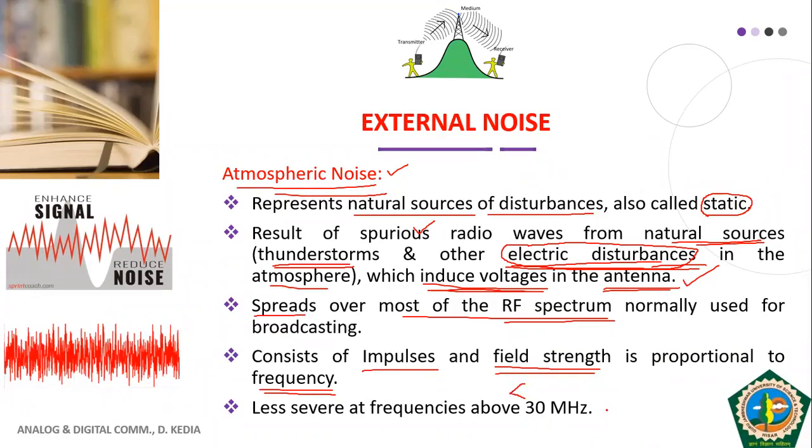If your frequency is more than 30 megahertz, atmospheric noise becomes less severe. I don't say that atmospheric noise is eliminated. It is present uniformly throughout the RF spectrum, but it becomes less severe at frequencies greater than 30 megahertz. I hope all of you have been able to understand.